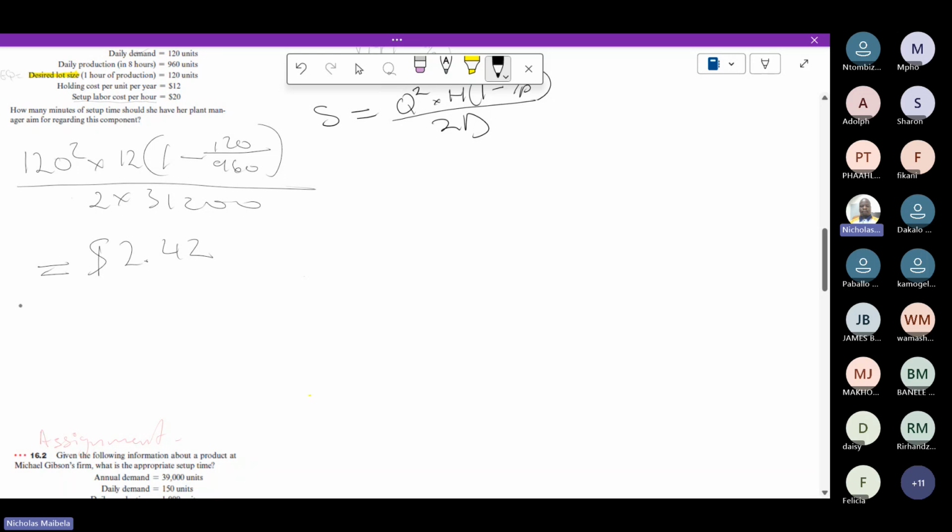Now we know that our setup time is equal to 2.42 divided by 20 multiplied by 60. How much is that? 7.27.